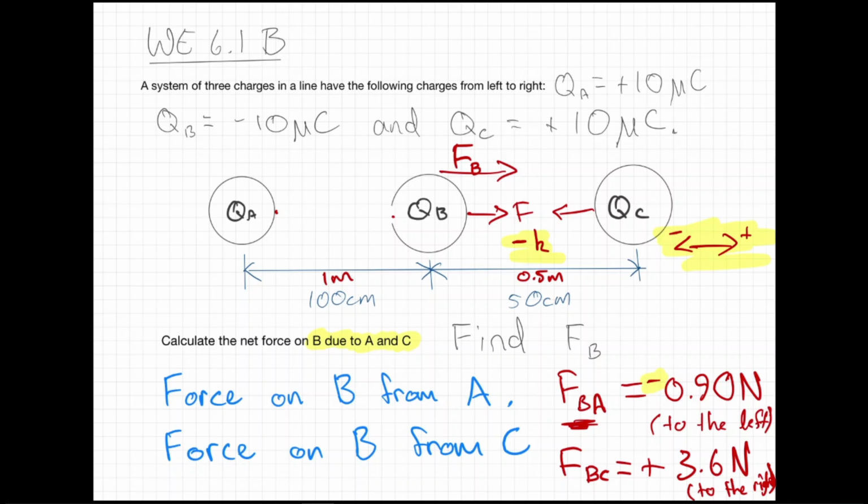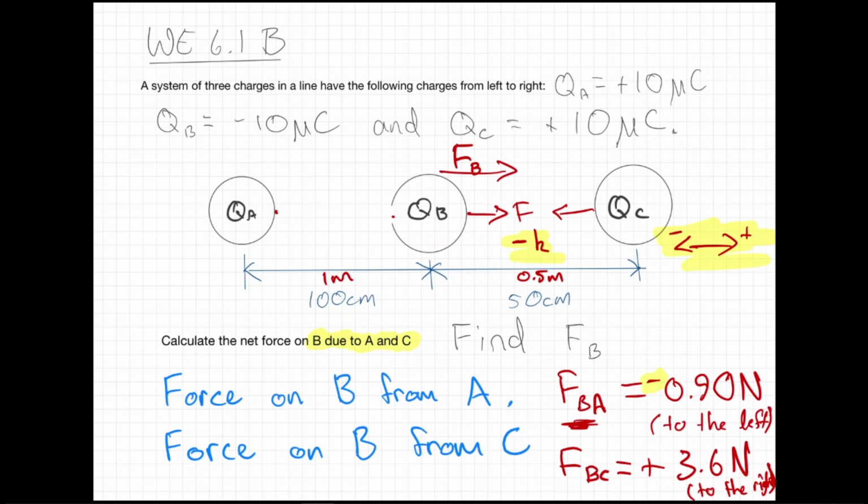If you like the logic of including the negative on the charge when you do the calculation, and then if you get a negative answer in the end, you know it's attractive, you can use that. But if you want to, you can do everything with absolute values here. It just means you don't have to think about it. You just do the force of the two bodies on each other, because there's always two bodies involved. Same with gravity. This works with gravity as well.